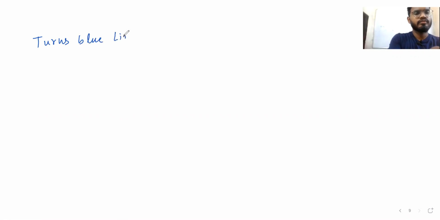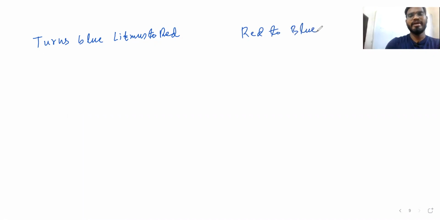But base turns red litmus to blue. If you want to remember, base, blue. So by that way you can remember.